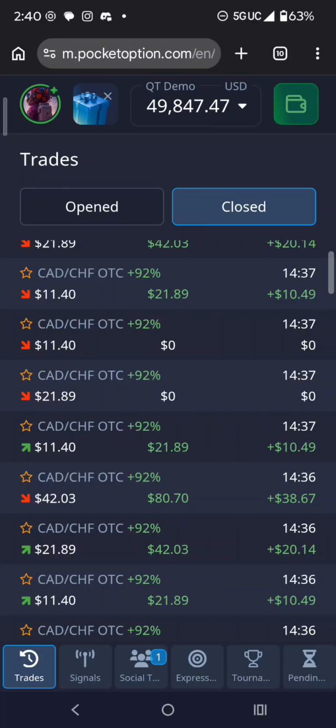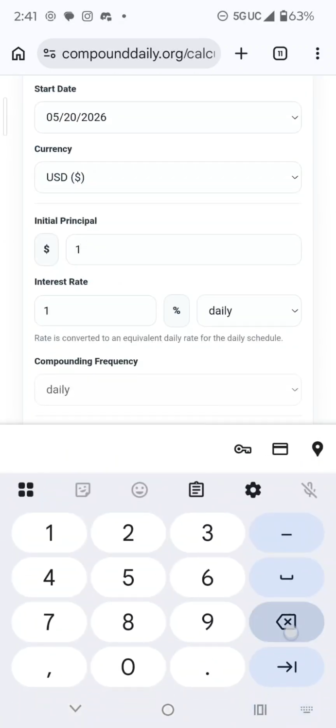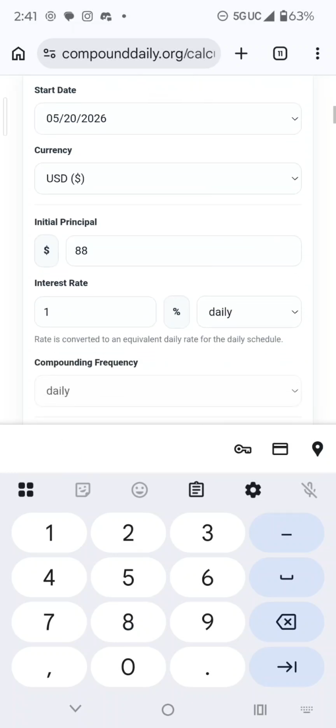But guess what? We don't need that much. All we really need, again, to finish these 30 days is, say we did the $88 or even 99, we do 29% daily.